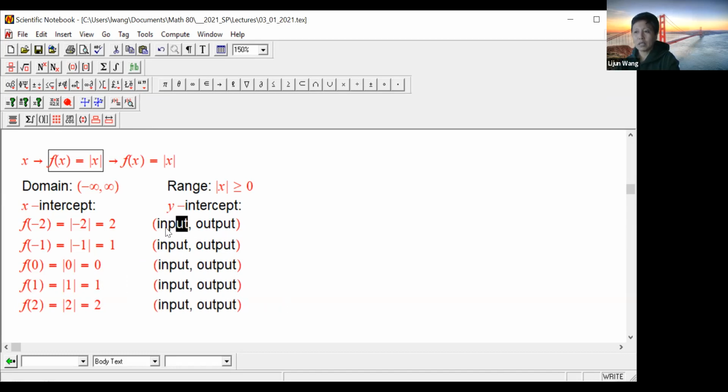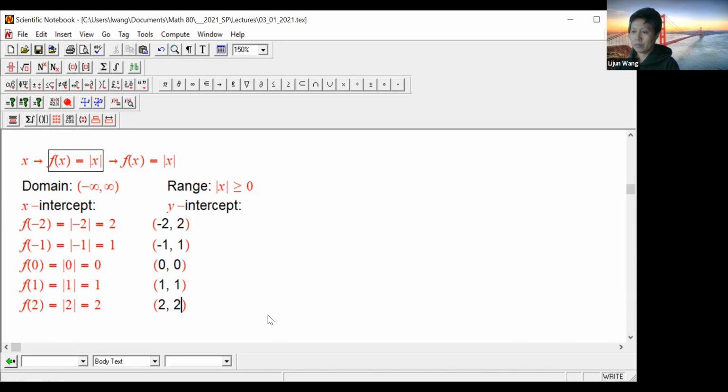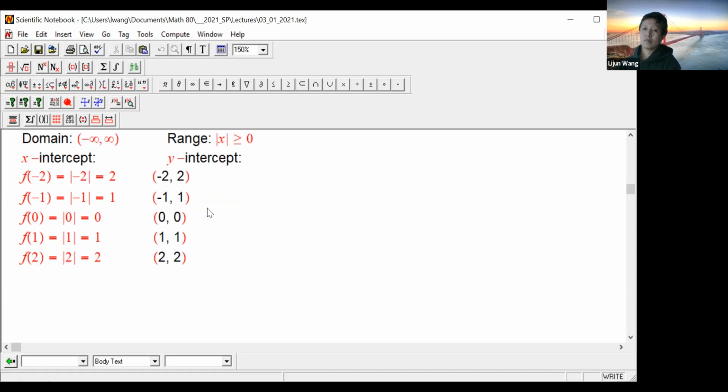And so when input is -2, the output is 2. Input is -1. I bet some of you probably started plotting the points and go for it. Okay, so we get these points. We're getting 5 points. And along the way, have you recognized what's the X-intercept, Y-intercept?